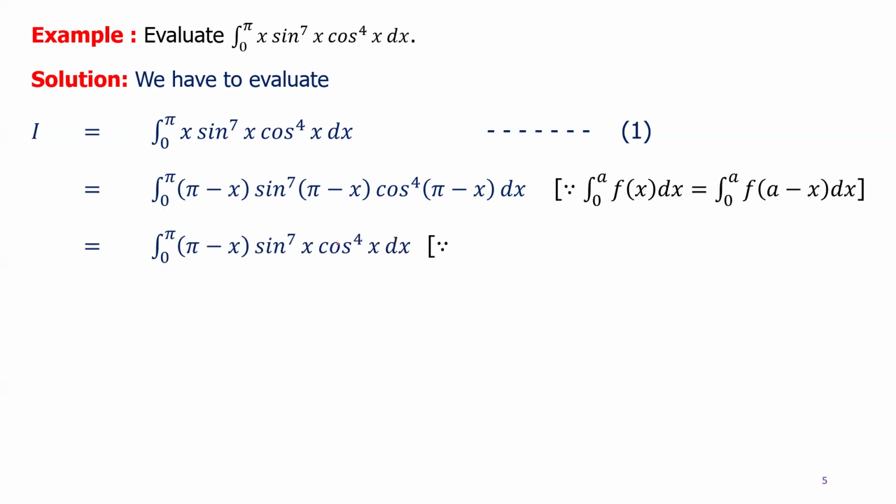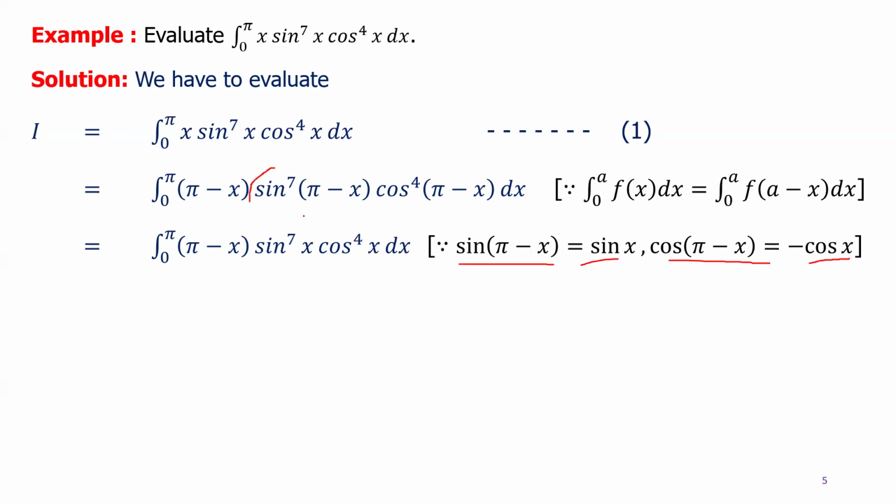If we further simplify it, we know that sin(pi minus x) is equal to sin x and cos(pi minus x) is equal to minus cos x. If we calculate the value of sin(pi minus x) whole to the power 7, it will become sin^7 x, and cos(pi minus x) to the power 4 is (minus cos x) whole to the power 4.